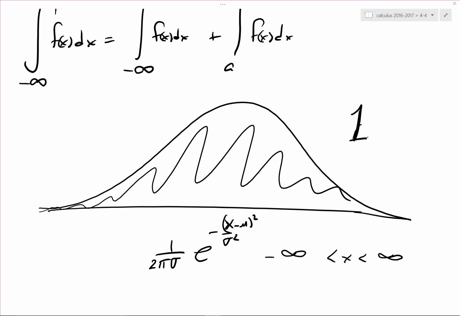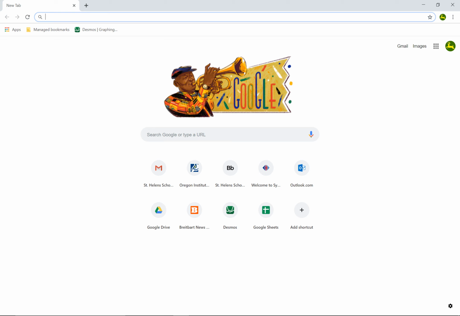Now, interestingly enough, notice the negative x squared routine going on right here. How fast does that drop off towards 0? Really fast. Now, for the standard normal distribution, what happened?